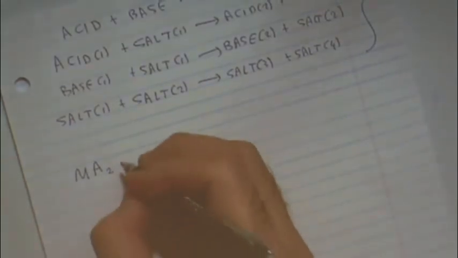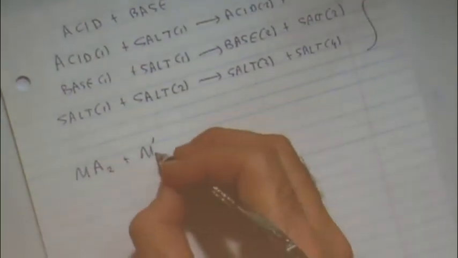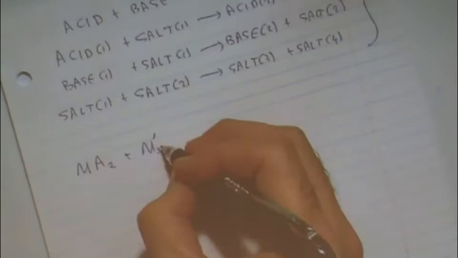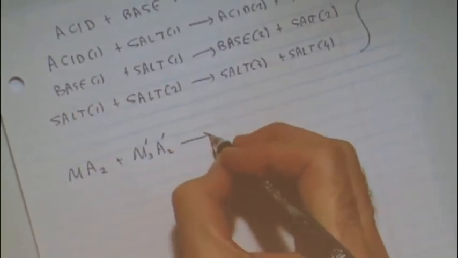And then I have another salt with a different metal, M prime, three of them, and then I have a different anion, that's two of them. Fill it in and balance it.